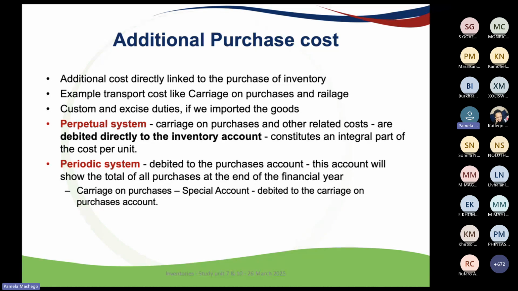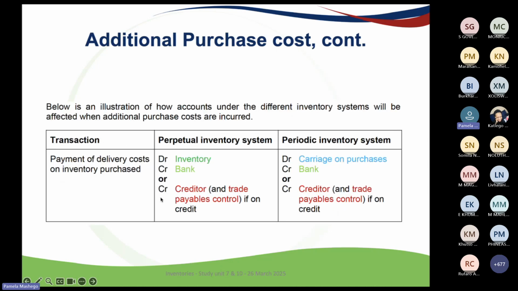Whereas in the periodic system, we don't adjust the inventory account. There is a special account for carriage on purchases, so you will debit all the carriage cost into that account. This is just to show you how to treat additional costs that you incur when you purchase inventory in these systems.